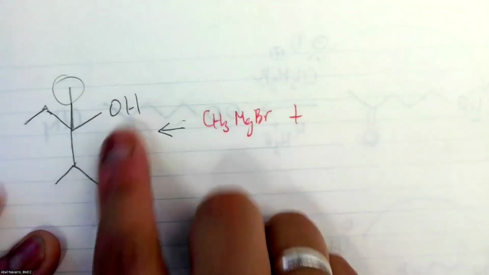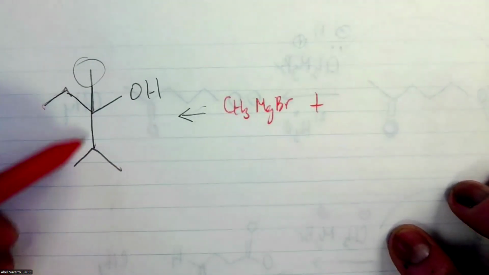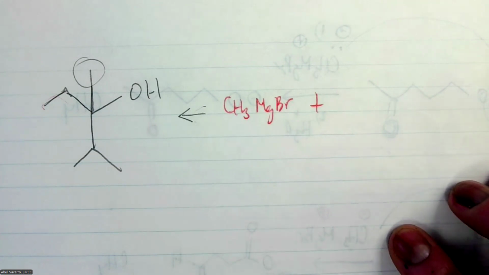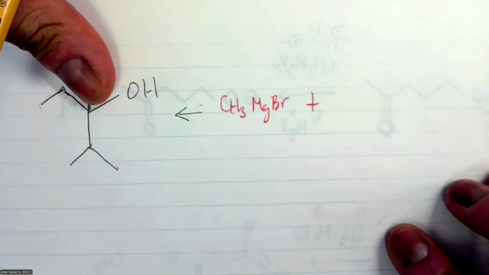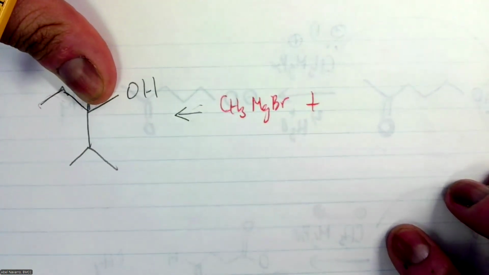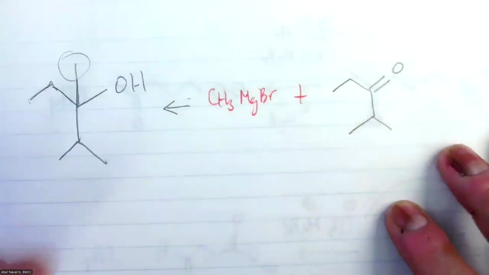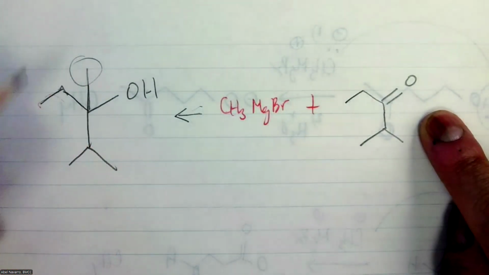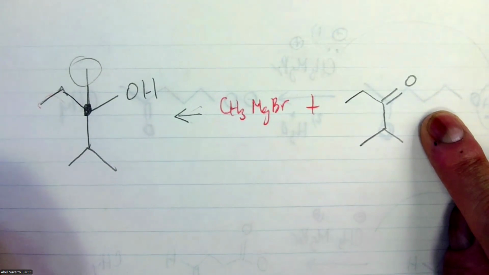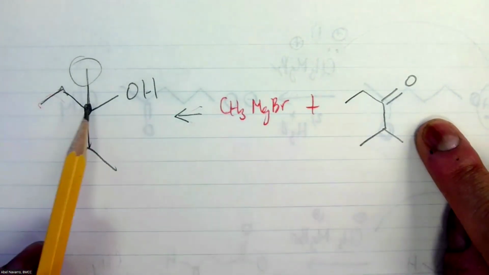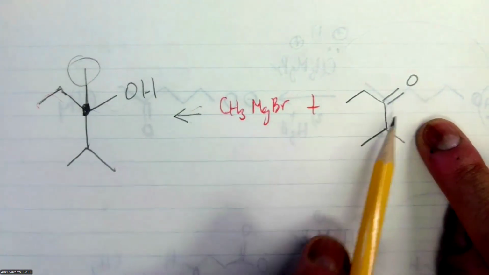Plus what? What is left? This chain would be left, right? So instead I have to make a ketone. What would be my ketone? Well, let's look at it. Ketone right there. No more OH, it will be a ketone there.